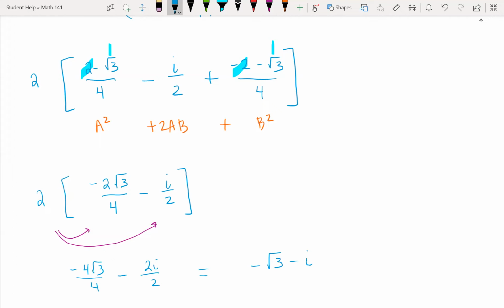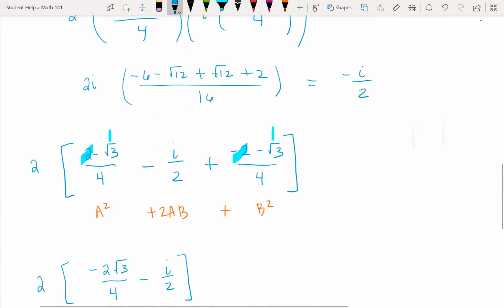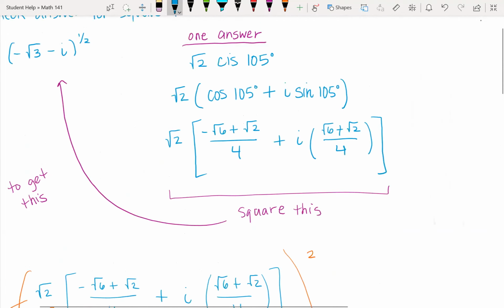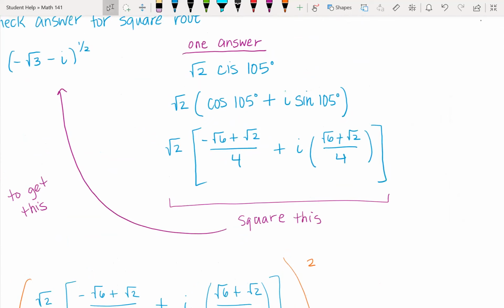That's what I started with back at the beginning. And when I took the square root, I got that crazy number that we had way above. The number that we had was cosine of 105. And what I did was I took the cosine and the sine of those numbers, squared them, and I end up getting that original number back. So this is just a lengthy way to show you that the theorem we're using actually works.